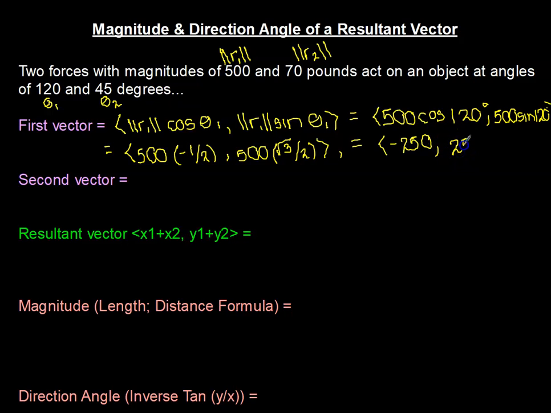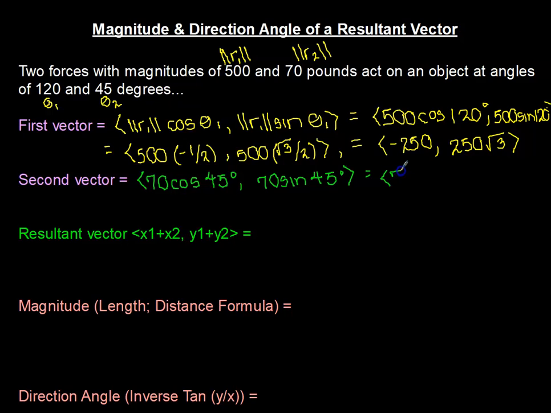So I'm going to try to keep it as exact as I can if the angles are from the unit circle. And then from here, I'm going to do the same with the second vector. So I'm going to take the second magnitude, 70, times the cosine of the second angle, 45 degrees, and then 70 times the sine of 45 degrees. 45 degrees is from the unit circle, so again, I'm going to just write the exact value.